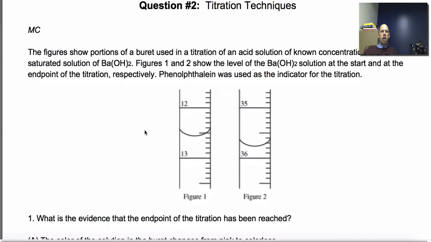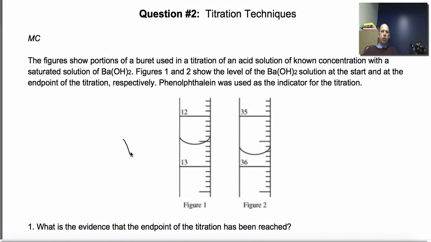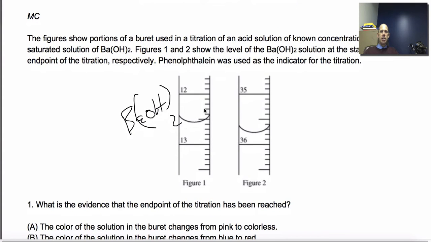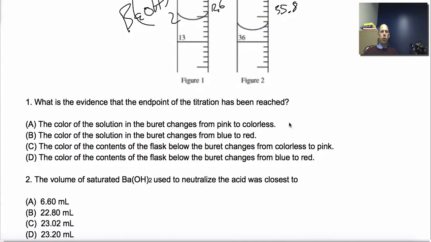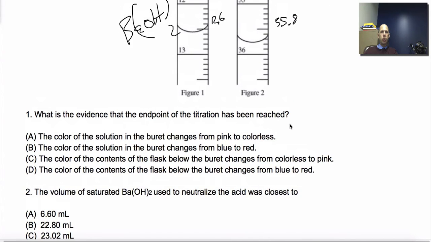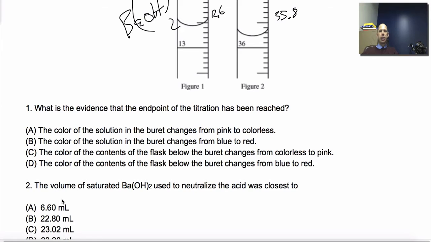Okay, here we got this titration, and they say that barium hydroxide is what's inside here, and we notice that it went from this level here, which is 12.6, all the way down to this level here, which is 35.8. So if you take 35.8 minus 12.6, we're going to get the answer here for this last one.